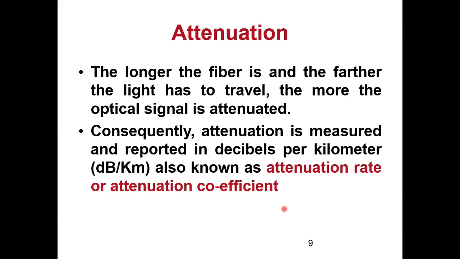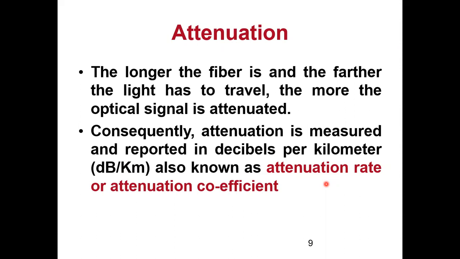So how do I measure attenuation? Attenuation is measured in decibels per kilometer, that is dB per kilometer. We call it either the attenuation rate or the attenuation coefficient. Sometimes they give you a scenario and tell you to calculate attenuation.